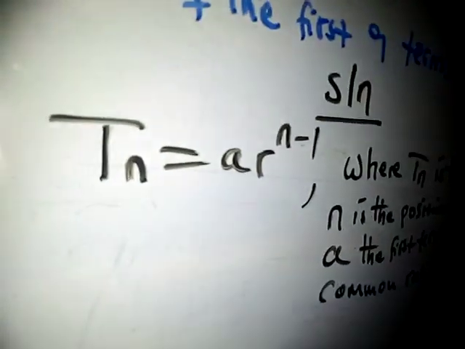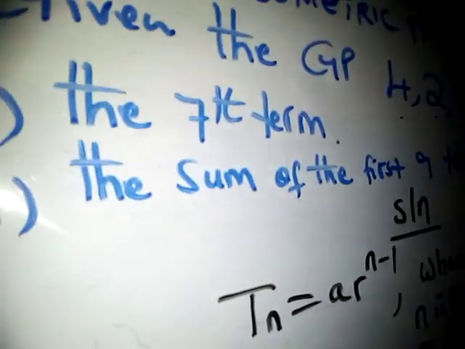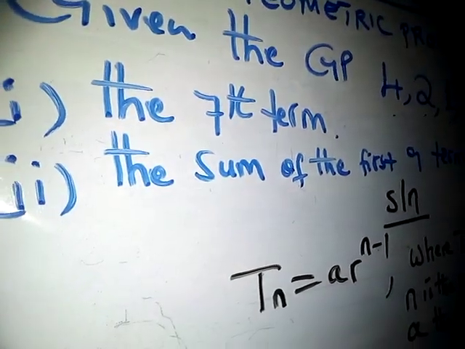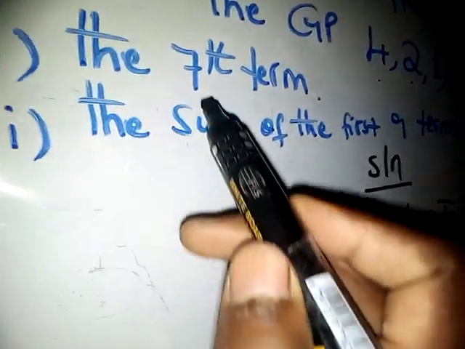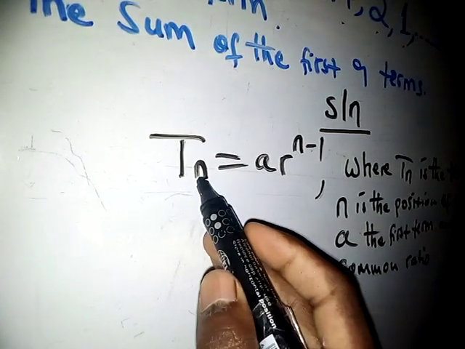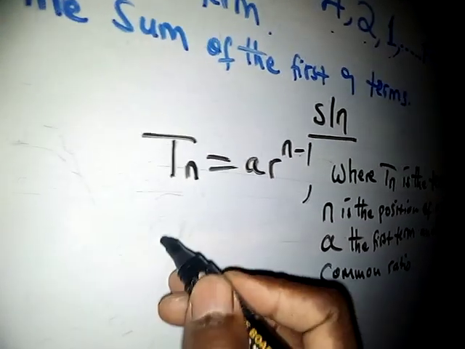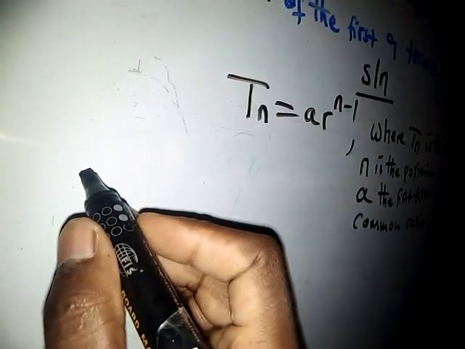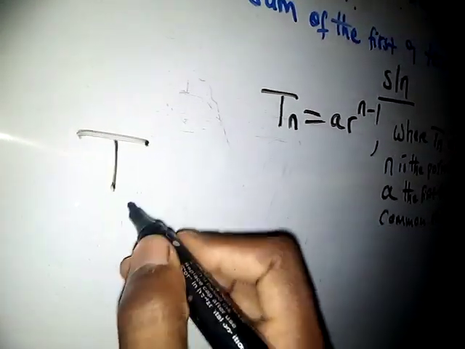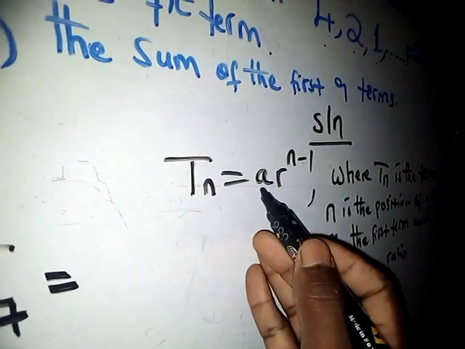So we see here that the question asks us to find the 7th term. Meaning, where we have our n, we'll put the position of this particular term as the 7th. If you do so, we're going to have T7 equals A, the first term.